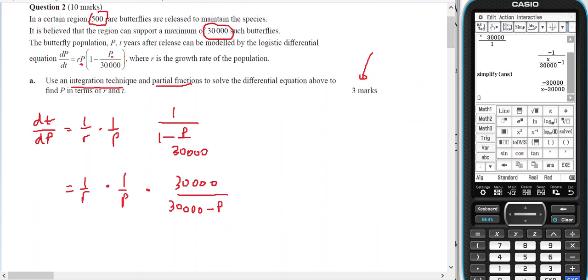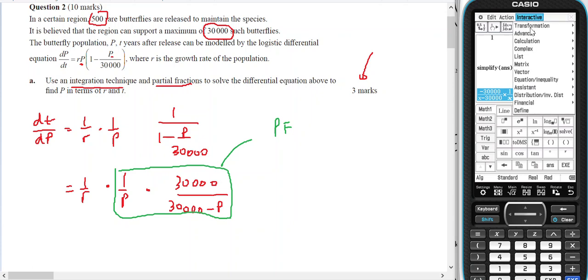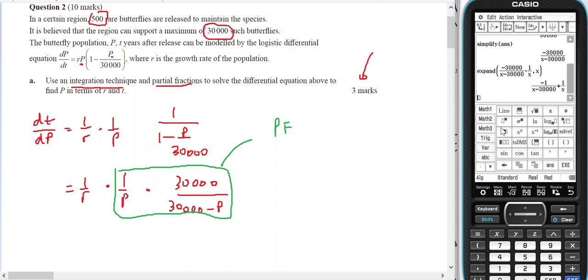Okay. I'm going to let the examiner know that using partial fractions that times fraction 1 on x, and if I select it, interactive, transform, expand partial fractions, variable x, okay, that's what it equals.